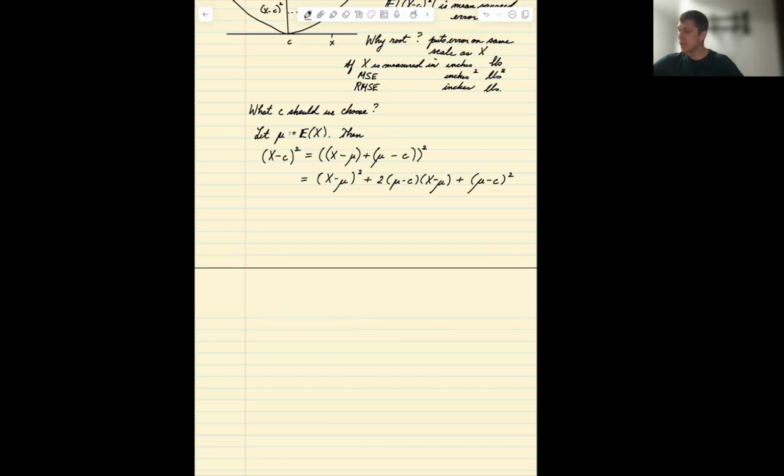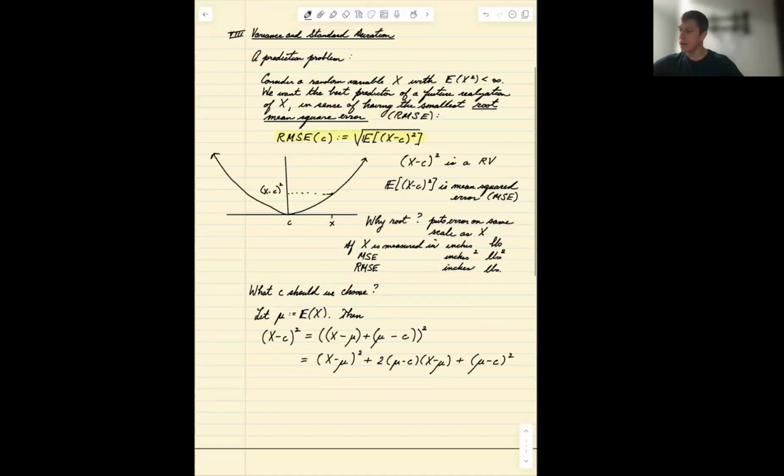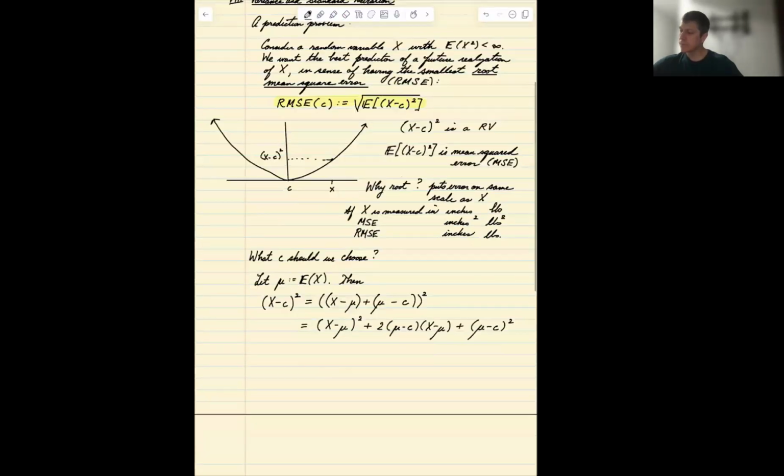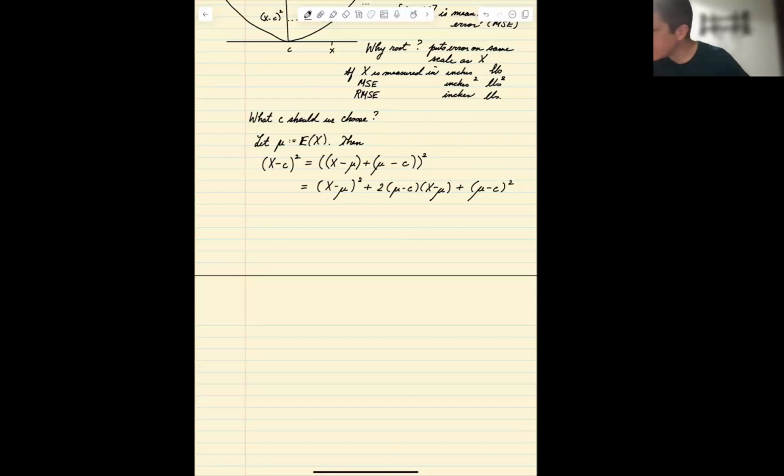And we're interested in minimizing the root mean squared error. But we realize that to minimize the root mean squared error, it's enough to minimize the mean squared error.